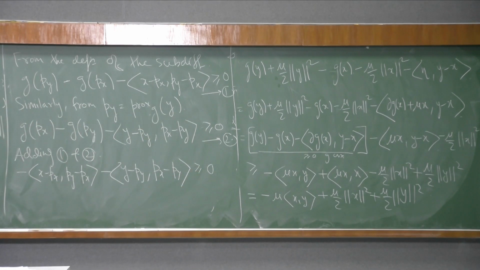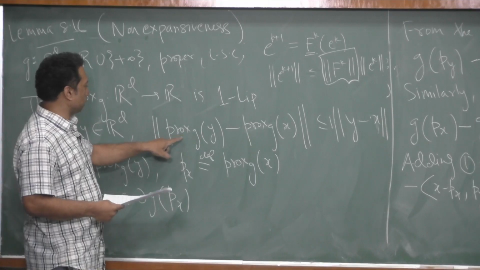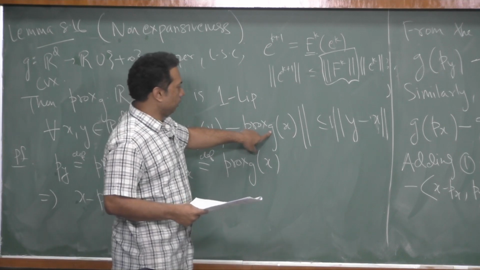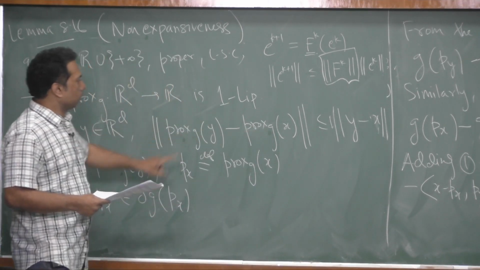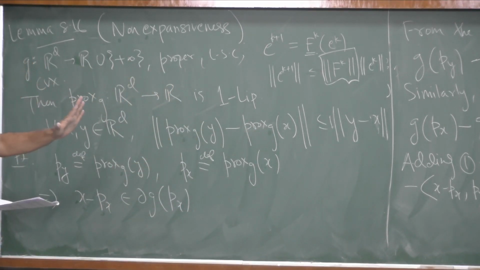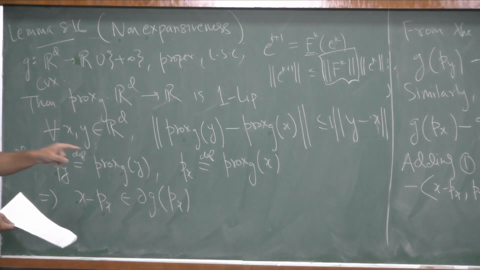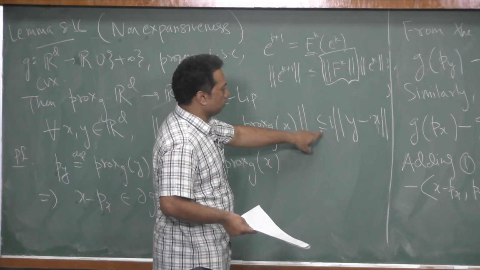Okay, and then we can multiply by the minus on both sides, and we have to do some rearrangements, because in px and py it's hidden what we are looking for. So px was prox g of x and py is prox g of y. So these things are hidden, and x and y we can move them to the right. We multiply by the minus so that we get less than or equal to.